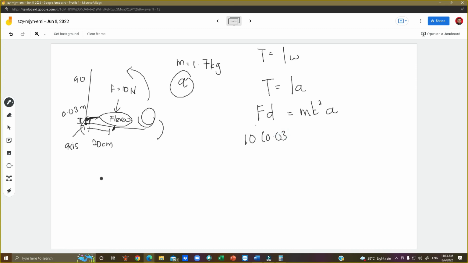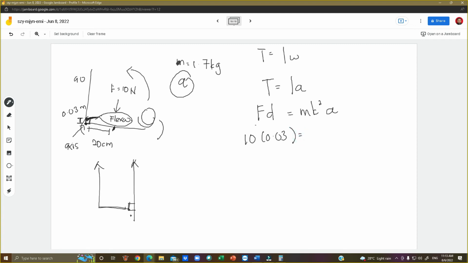Kerana force ini dibagi tegak. Maksudnya macam ni. Okay. Ni radius. So the force and radius is straight. Dua-dua sama arah. So this is not the case of projectile, not the case of angle. This is a straight. Jadi kita ambil terus 0.03.